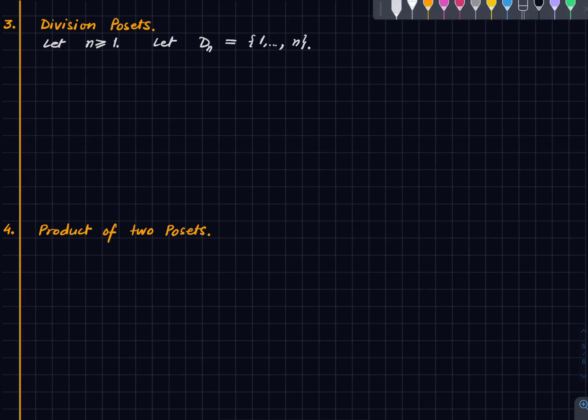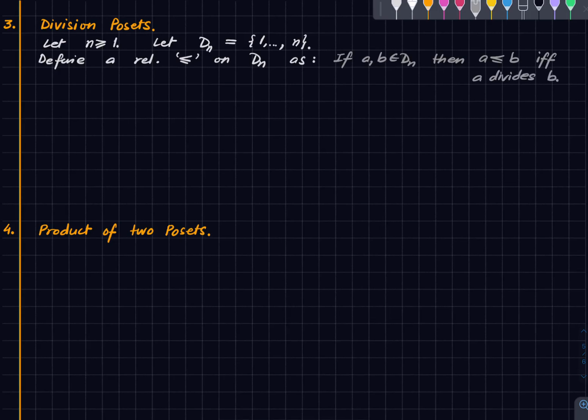Define a relation on D_n as follows: if A and B are in D_n, then A less than or equal to B if and only if A divides B. That's the definition of this relation, and one can easily check that this is a partial order, meaning it is reflexive, antisymmetric, and transitive.